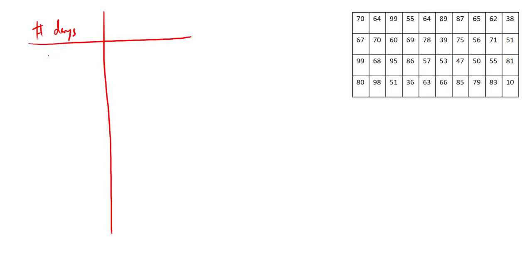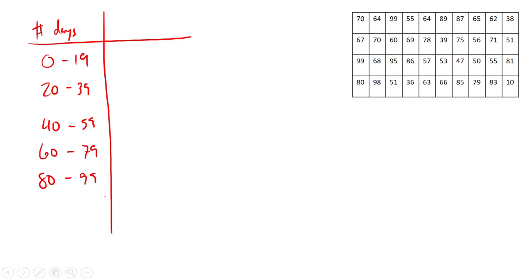Maybe we'll go from 0 to 19. Our next one will pick up at 20. Our next one would pick up at 40. Then it'd pick up at 60, then it'd pick up at 80. And that would get us our 5 bins that are equal size.